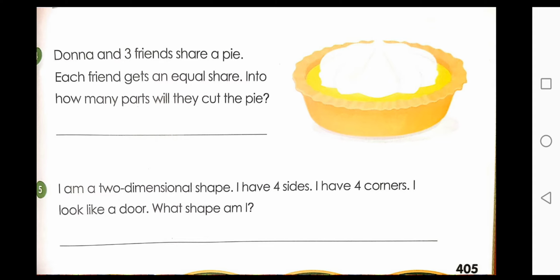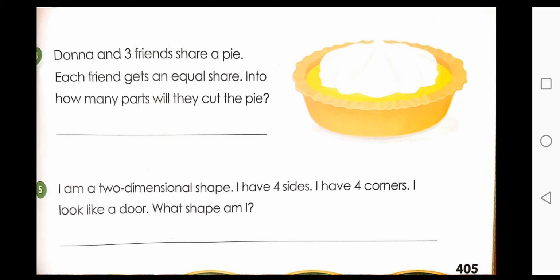Now, I am a two-dimensional shape. I have four sides and four corners.